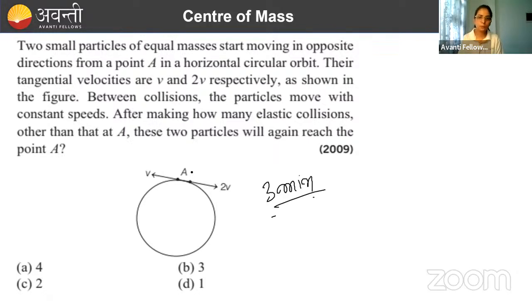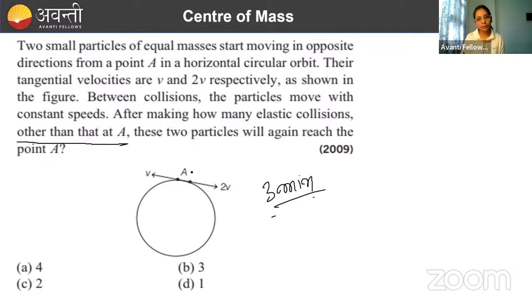Check once more. यहाँ पे क्वेश्चन में एक पॉइंट और है कि other than that at A, first collision that happened at A, that you have to neglect.